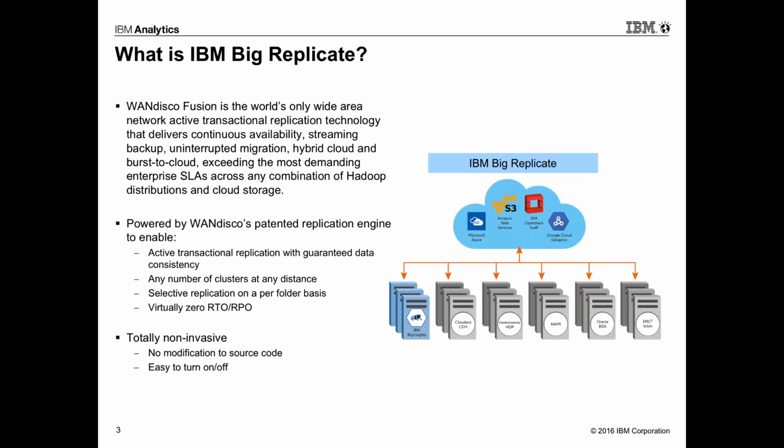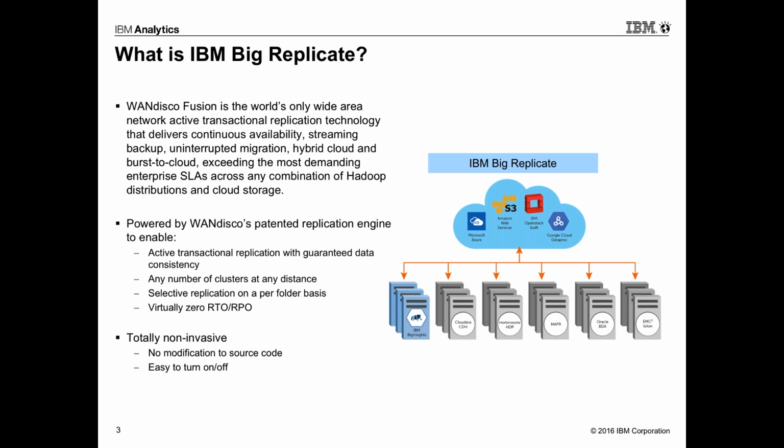All right, so what is IBM Big Replicate? IBM Big Replicate is powered by WANdisco's patented replication engine, and what it does is give you a virtual namespace across all your enterprise storage infrastructure. It is the only wide area network active transactional replication technology in the marketplace that delivers continuous availability, streaming backup, uninterrupted migration, hybrid cloud, and burst to cloud, exceeding the most demanding enterprise SLAs out there.